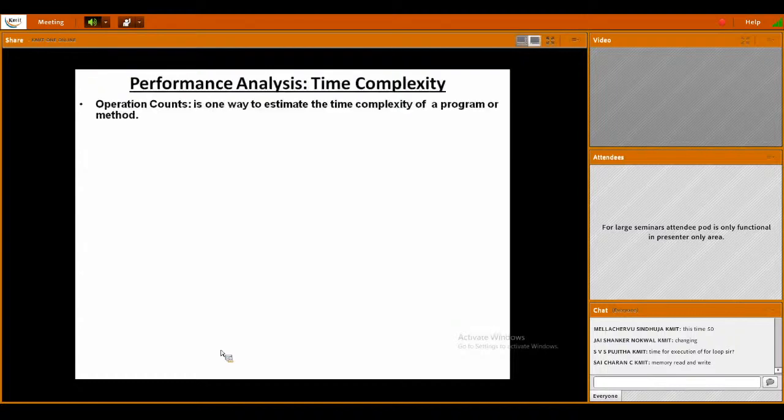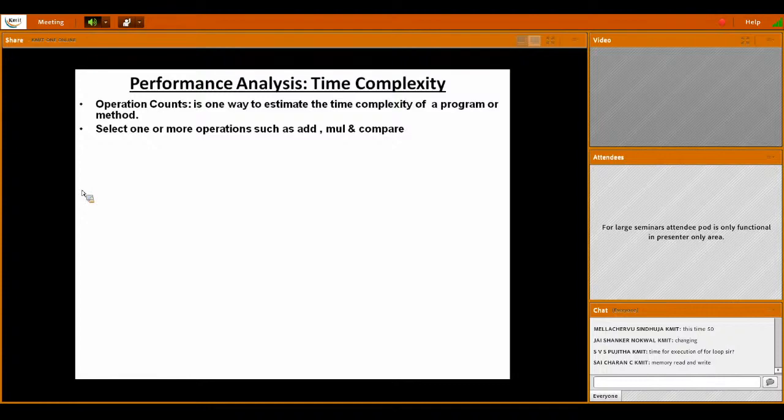So, in performance analysis, that is the time complexity, there are operation counts. One way to estimate the time complexity of a program or a method is to select one or more operations such as add, multiply, and compare, for counting the time complexity, right?